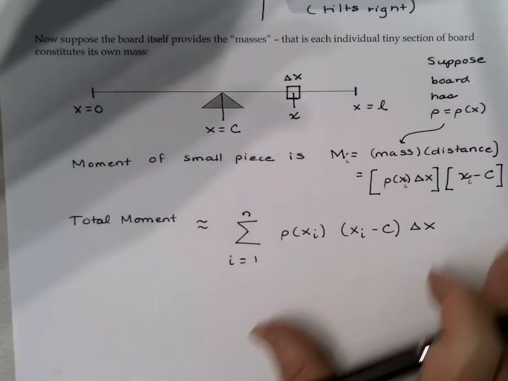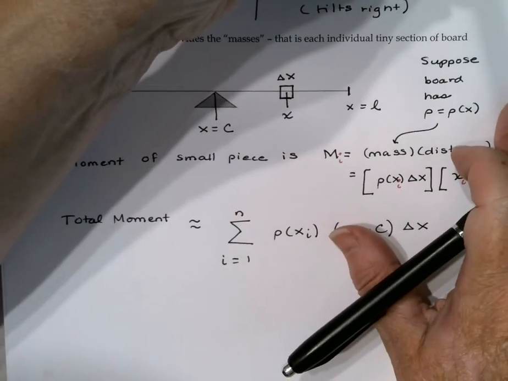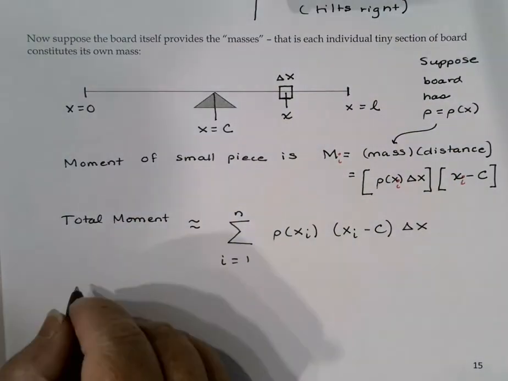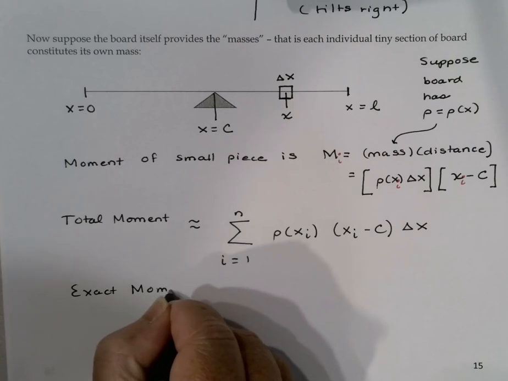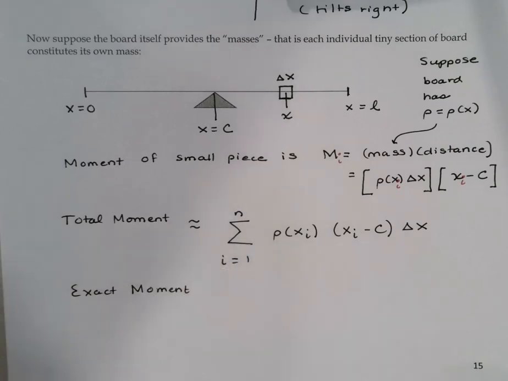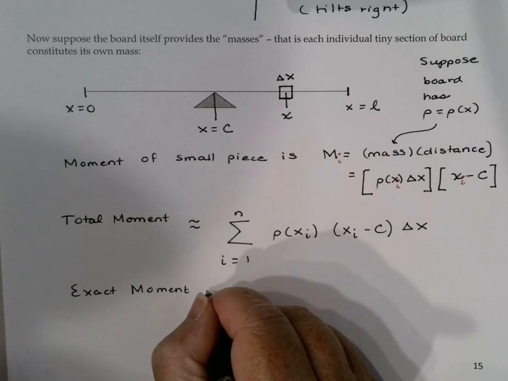All right, you know the drill. We've seen this a lot. If I want an exact value for the moment, I would have to take the limit as the number of pieces goes to infinity, and each individual piece shrinks down infinitesimally small.